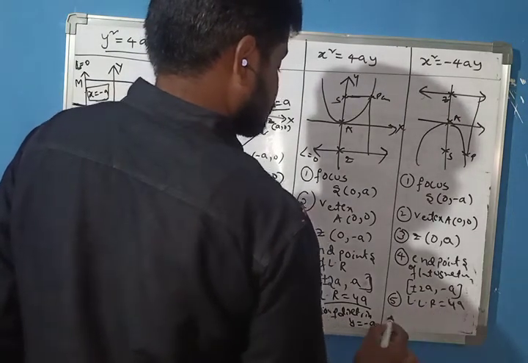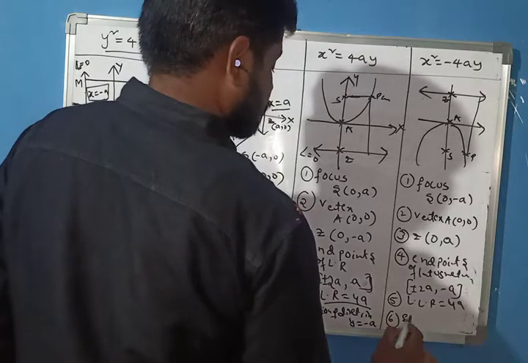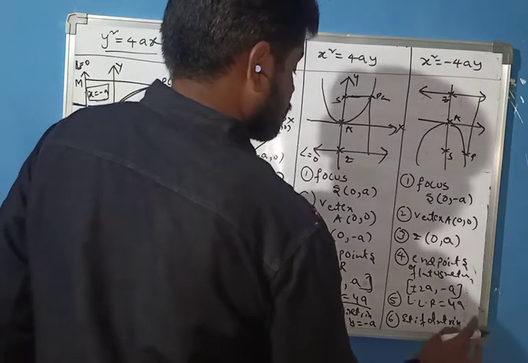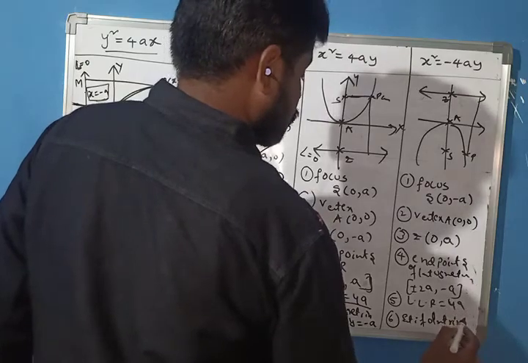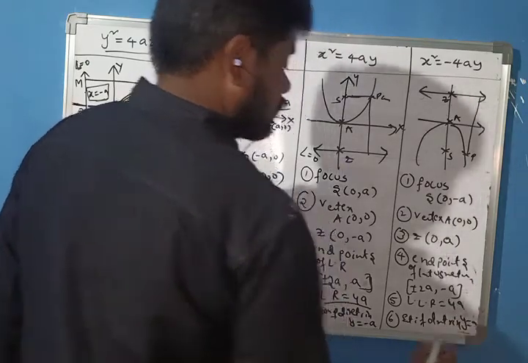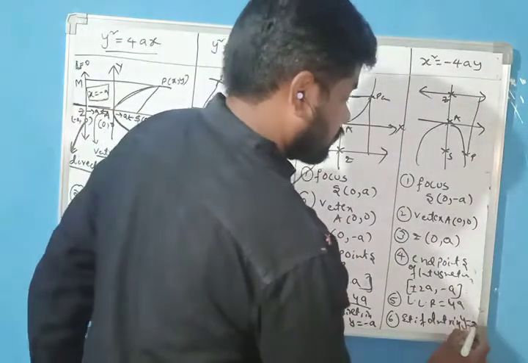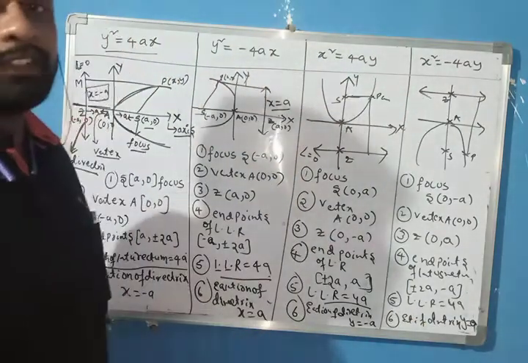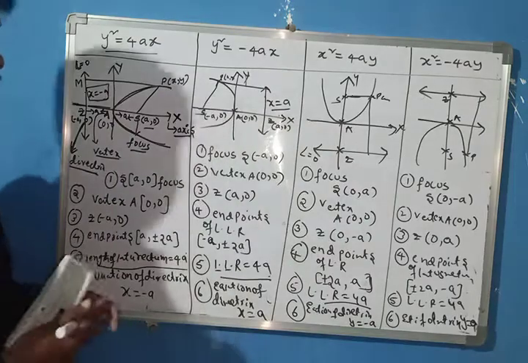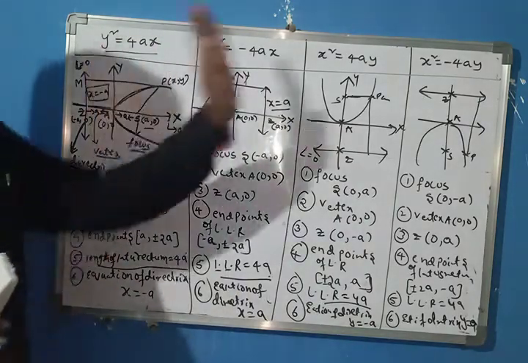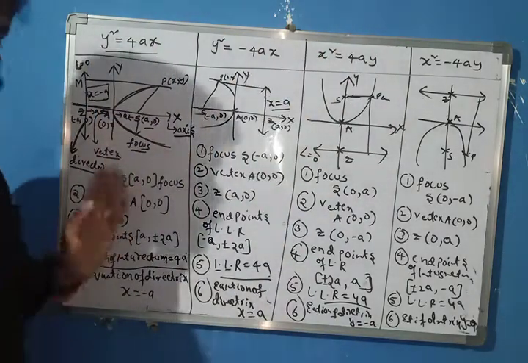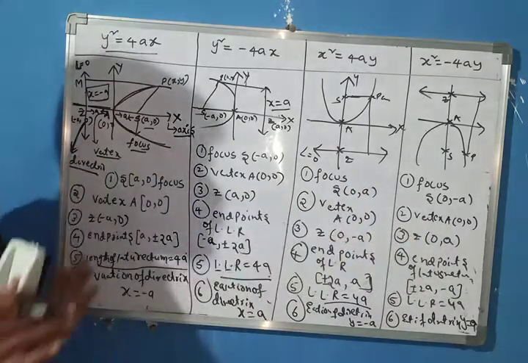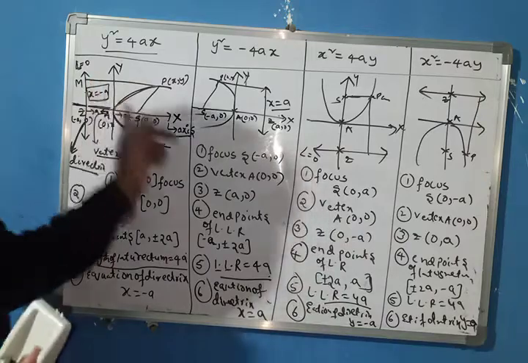Equation of the directrix is y equal to a. On the negative side, that's why y equal to a. Here y equal to minus a. Two values are not changed. In the four forms, two values have no change: vertex (0, 0) in all four diagrams.